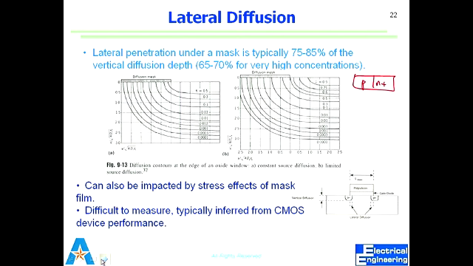Once we use polysilicon for vias and interconnects, then we cover it with dielectrics, with insulators, that restricts what temperature we can use afterwards, because dopants can leach into those insulating materials.